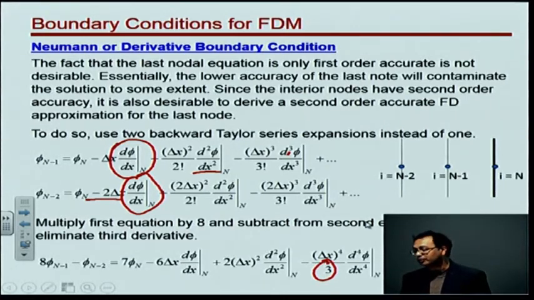You can try doing the math yourself. Basically, in the fourth term, you will have 8 minus 16, which will give you 8, divided by 4 factorial. So 8/24 is 1/3. That's what we end up getting when we multiply the first equation by 8 and subtract the second equation.